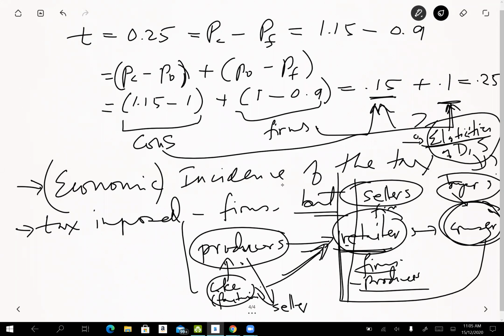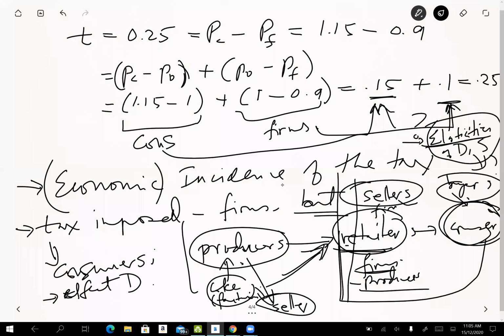So the tax can be imposed on the sellers, the firms, or on the buyers, the consumers. If I impose the tax on the consumers, that will affect the demand function.